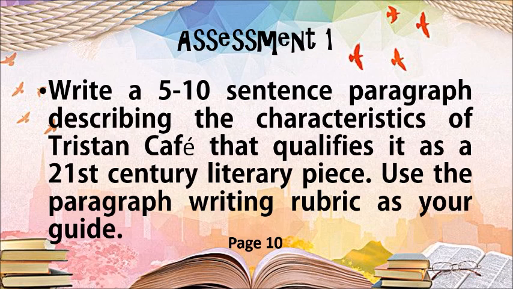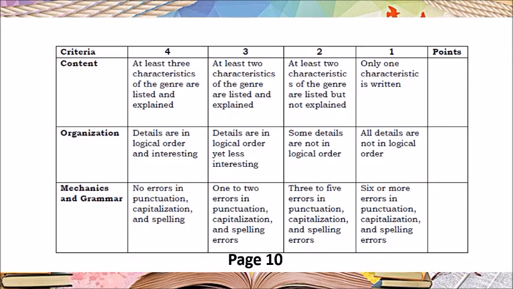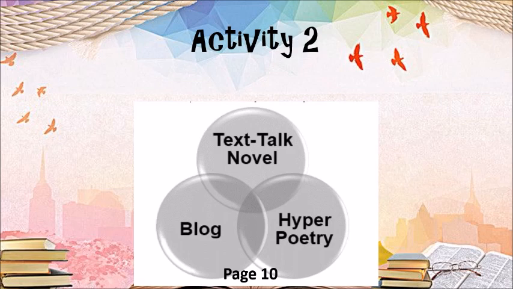So after analyzing the poem, you are going to describe the characteristics of this literature and why it is considered a 21st century literary piece. You are going to be graded according to its content, the organization, mechanics, and grammar.